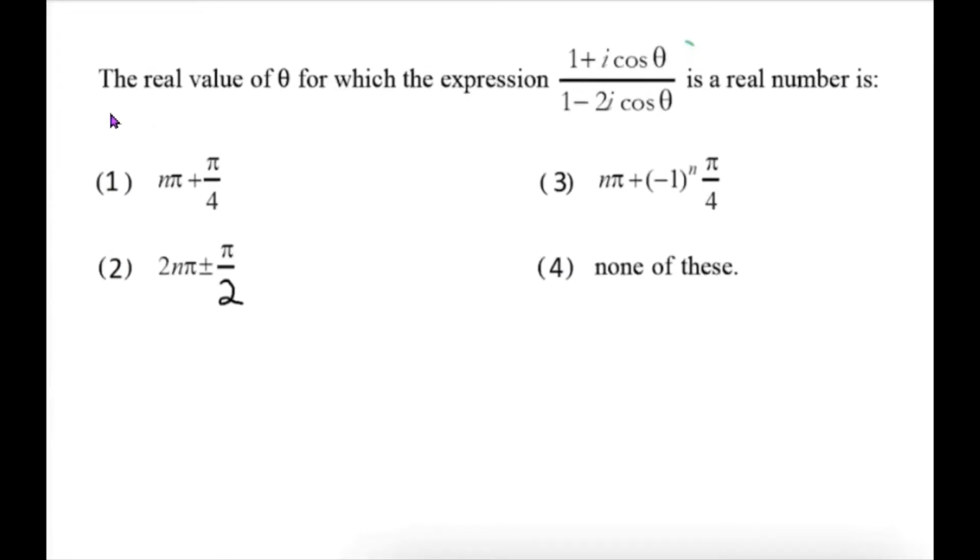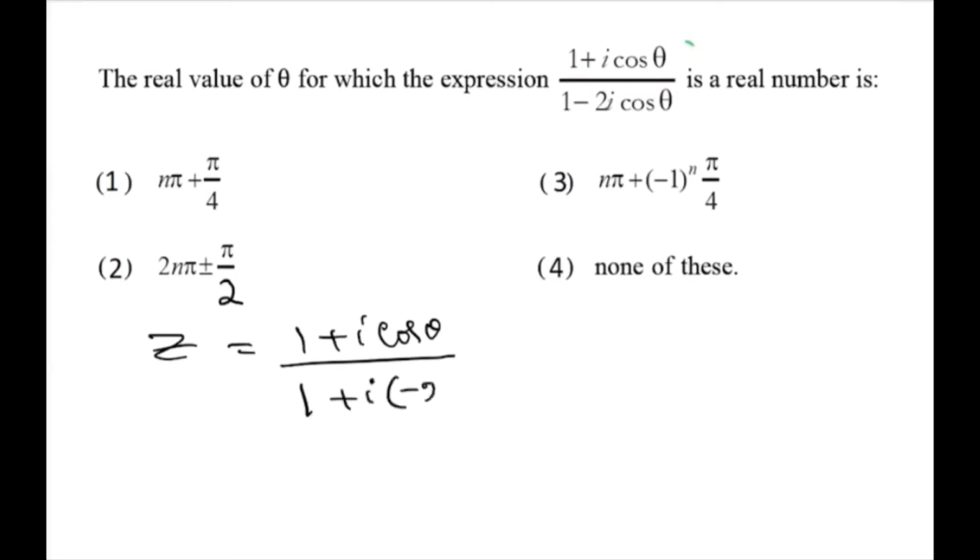Now, in this question, we need to find the real value of theta for which this complex expression is a real number. Let z equal to (1 plus i cos theta) upon (1 plus 2i cos theta), you can write this as 1 plus i cos theta upon 1 plus i times 2 cos theta.